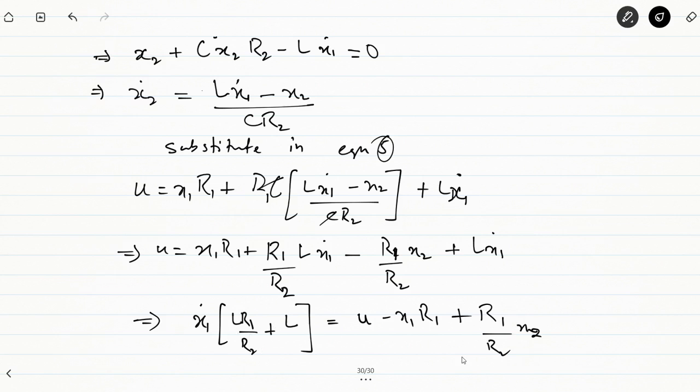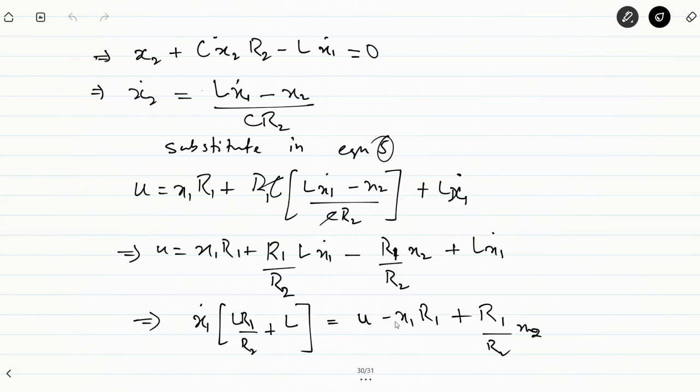So ये left hand side पे ले जाके x1 dot is equal to right hand side, rather u minus x1 R1 plus R1 by R2 x2.